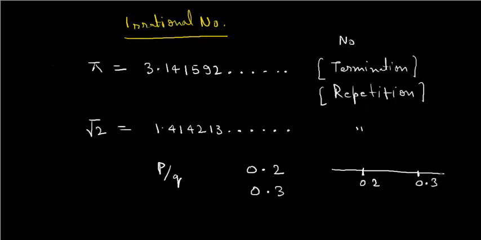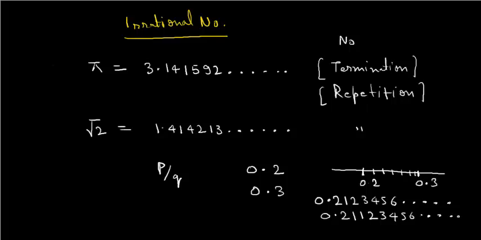The answer is infinity. Why? Let's see how. We can always write 0.2123456, and it can go on till infinity. This is one number. Again you can write 0.211234, and go on up to infinity.